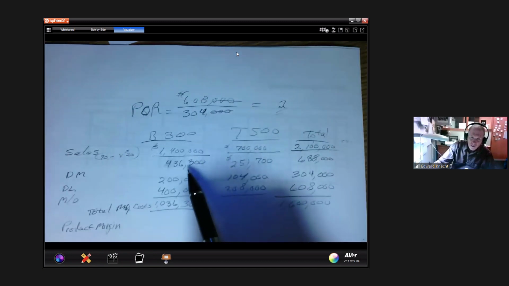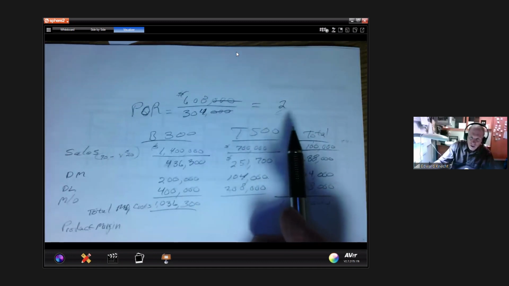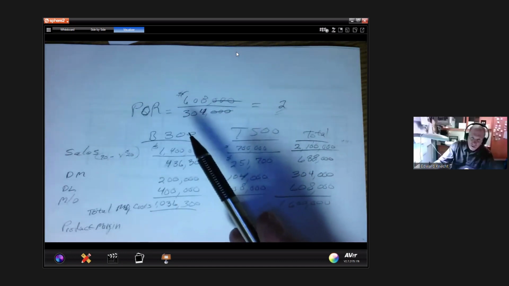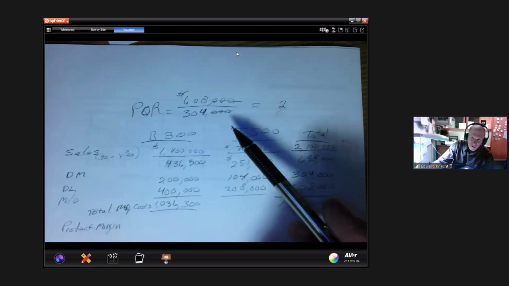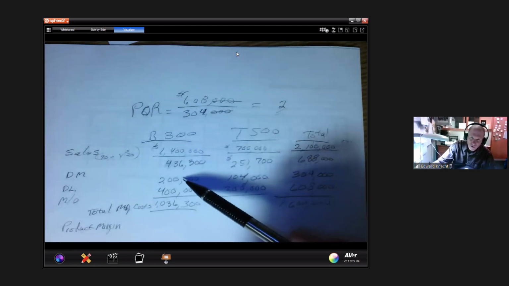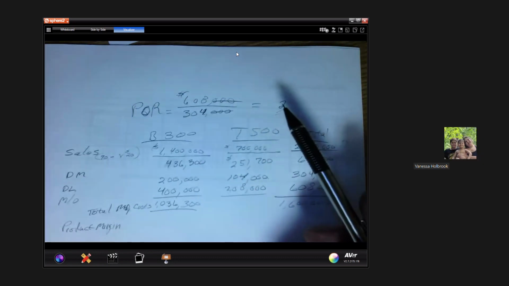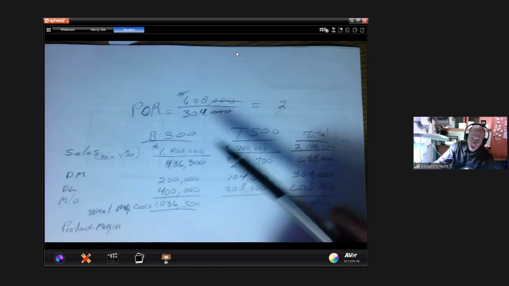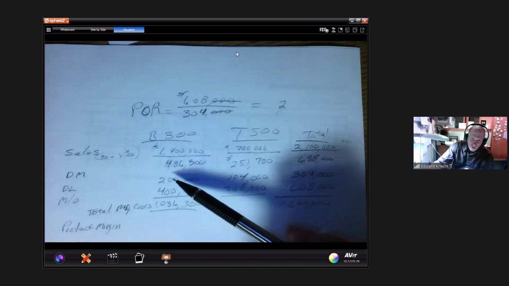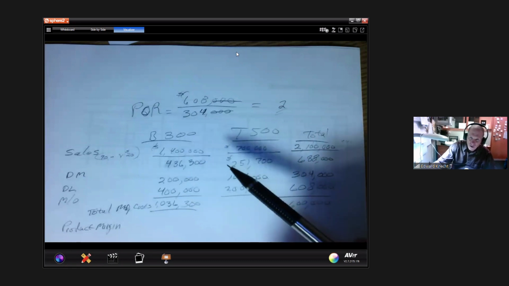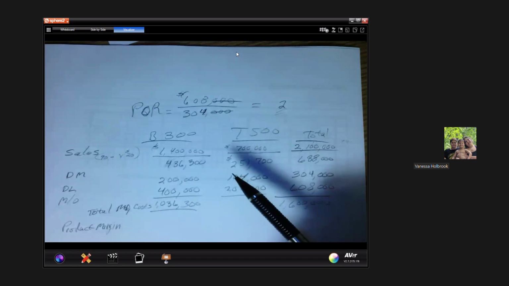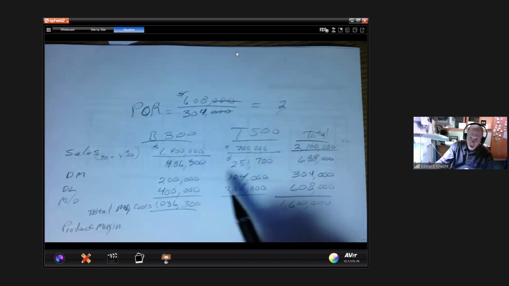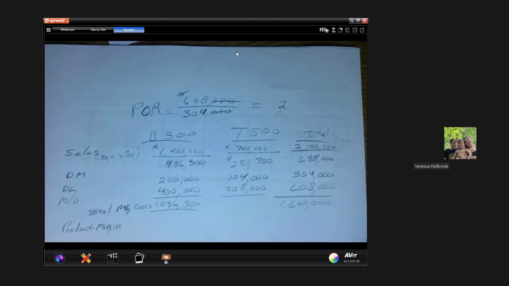For every $1 of direct labor cost, we have to apply $2. So 2 times 200,000 gives us 400,000. And when you add this across, it equals the total manufacturing overhead, doesn't it?